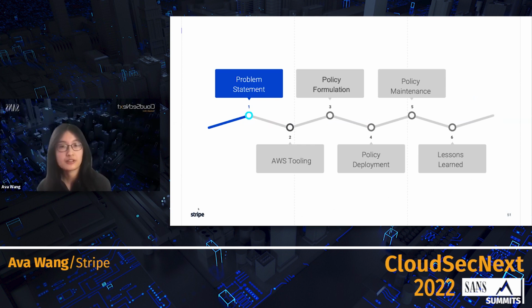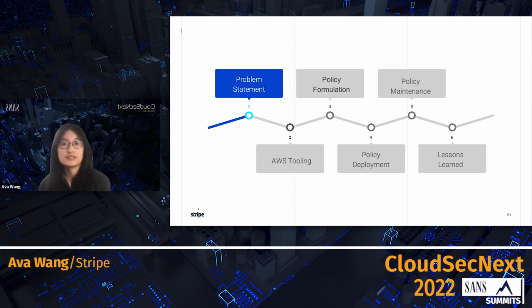So today I'll be talking about how we dealt with the problem of having to ensure security for our multi-account environment, where the attack surface is extremely wide, with hundreds of services and over 25 regions available to use.